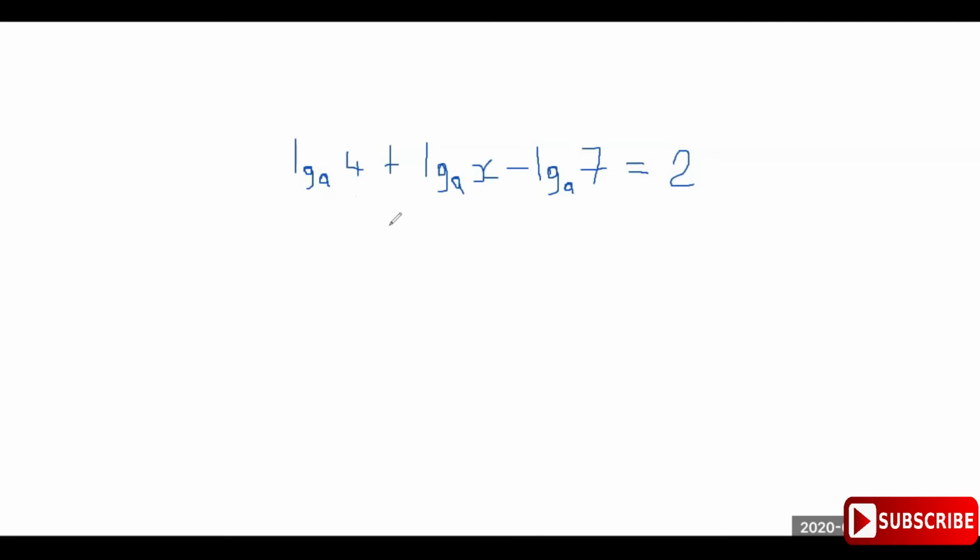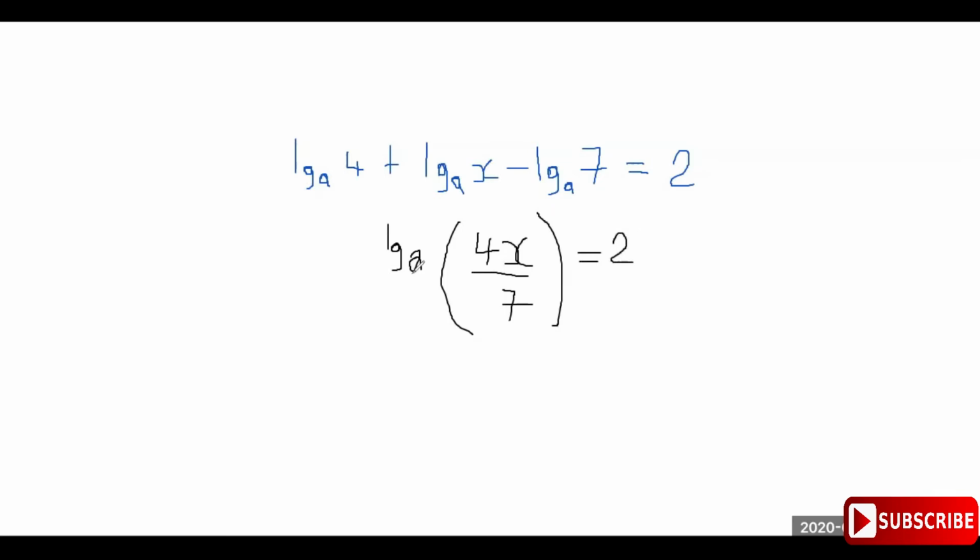And so to write this together as one log, it's going to be the log to base a of what's positive going in the numerator, so 4 times x divided by 7. And that's equal to 2. You agree with that?